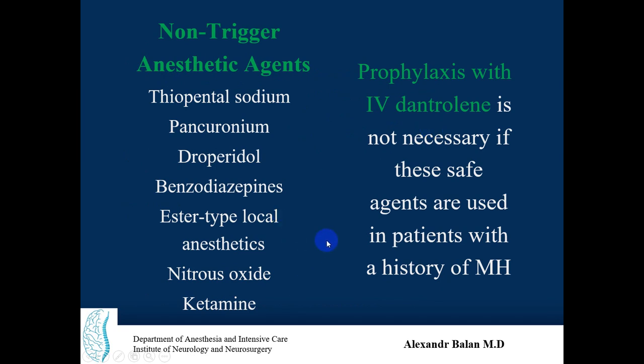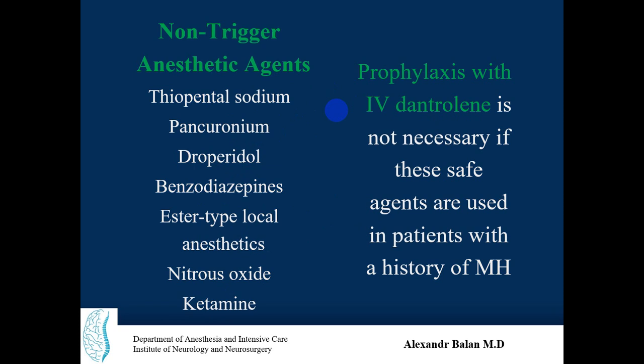There are non-trigger anesthetic agents that do not produce MH, or malignant hyperthermia. You see thiopental, sodium, pancuronium, droperidol, benzodiazepines, local anesthetics, nitrous oxide, and ketamine. Should we do prophylaxis with intravenous dantrolene?